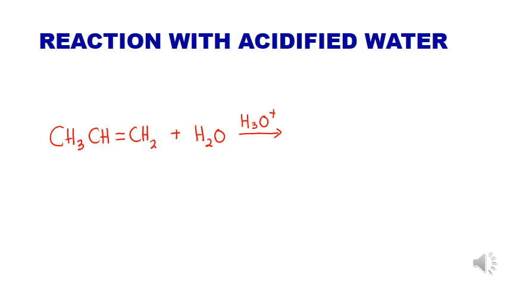So it will form a product of addition of the hydrogen atom and the OH group. But remember, the addition must follow Markovnikov's, so the hydrogen atom will be added to the carbon of the double bond with a greater number of hydrogen. So now we have a product of alcohols, which is the secondary alcohol.